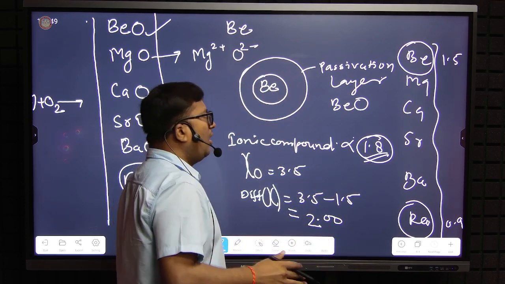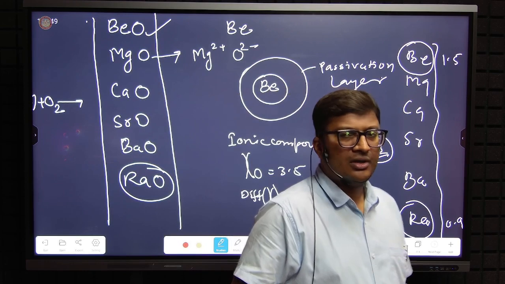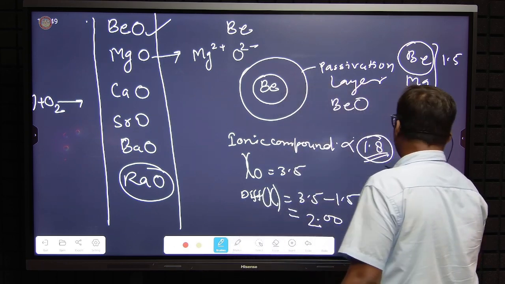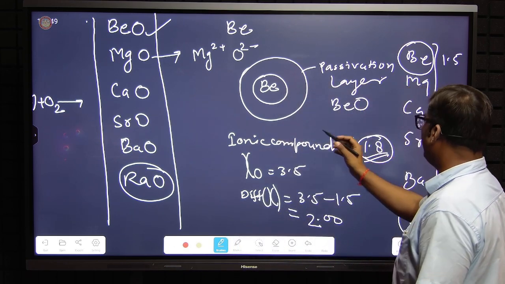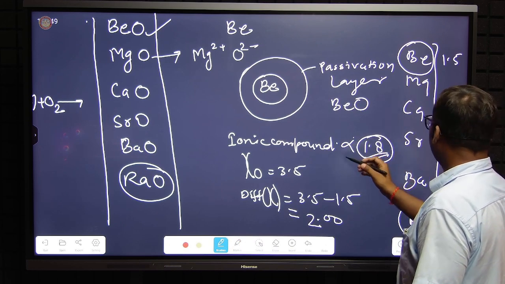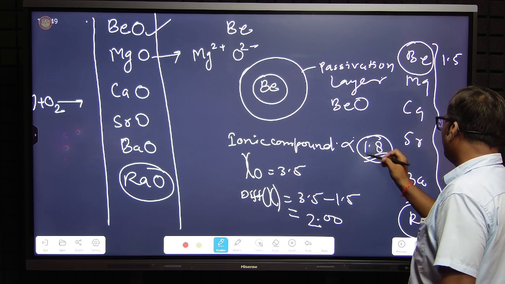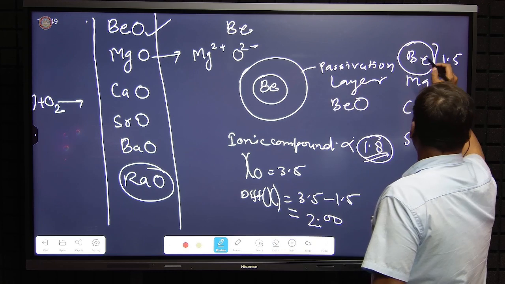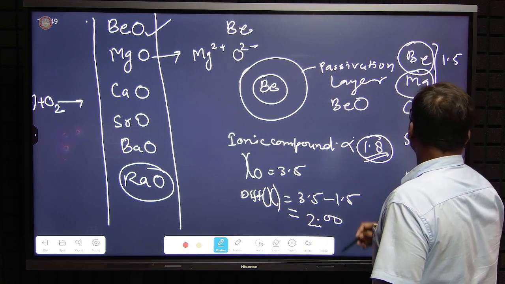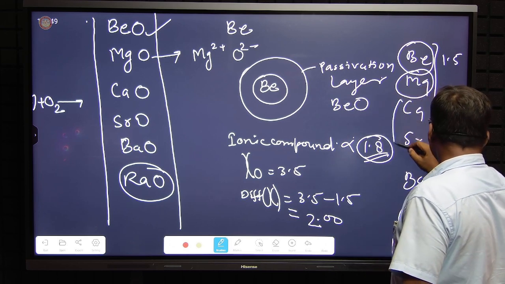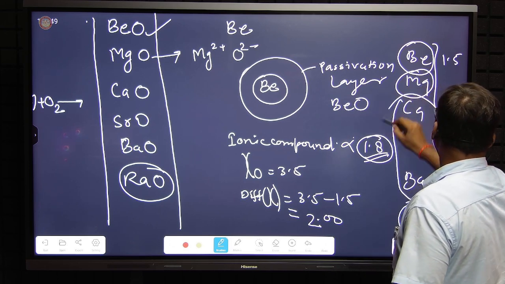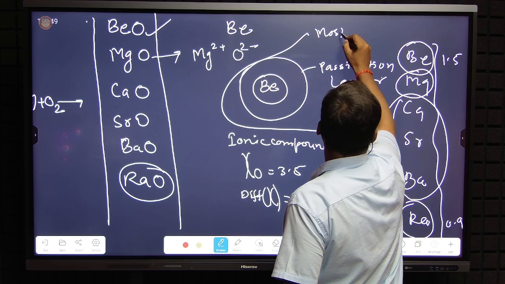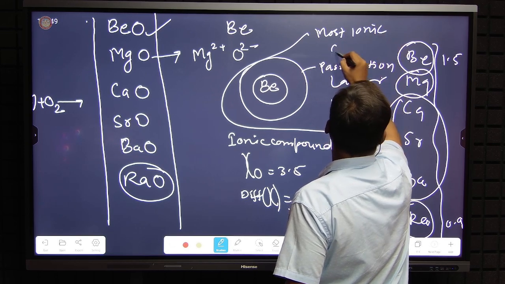But other metals actually form mostly ionic compounds because the difference is very large compared to this 1.8. So apart from beryllium and magnesium, calcium, strontium and barium, these three metals form mostly ionic compounds.